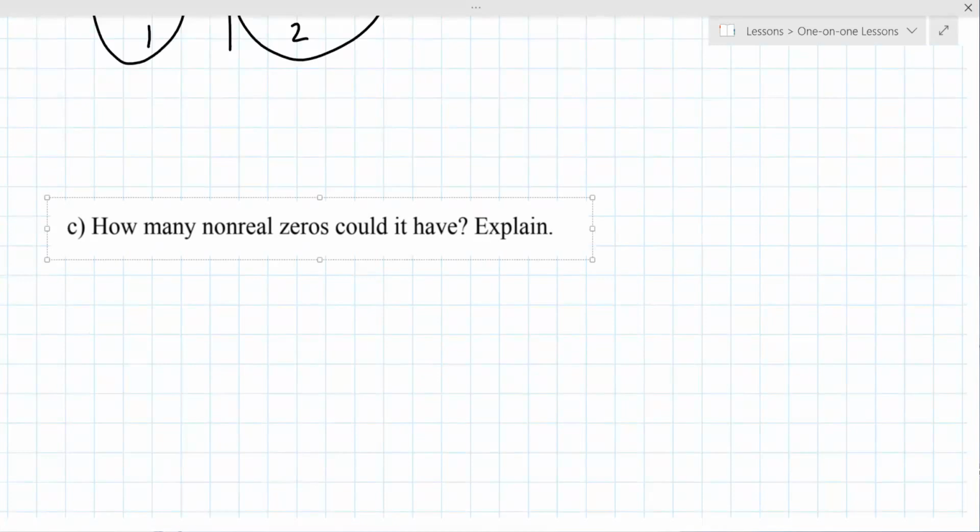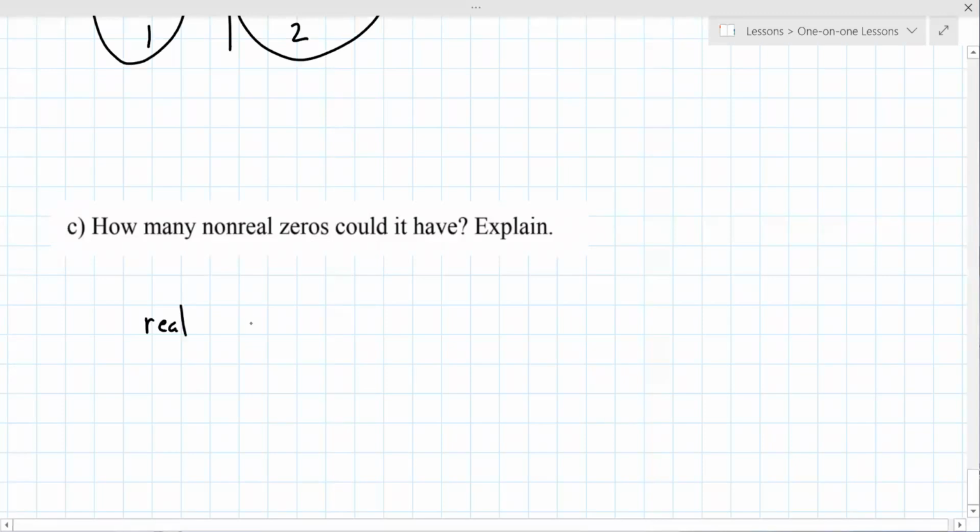We're going to have to look at the graph. But what I think your instructor is asking about here is real plus non-real equals total zeros. And I feel like we've already had this discussion. It's like there's either 3 and 0, or there's 1 and 2.